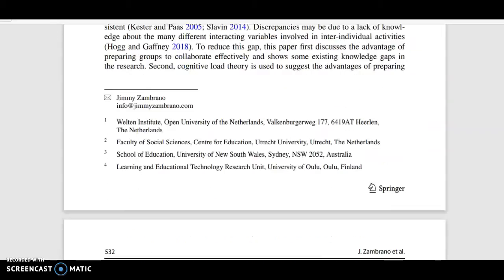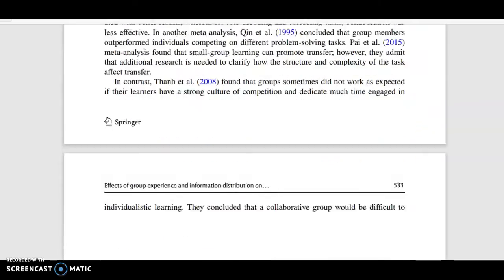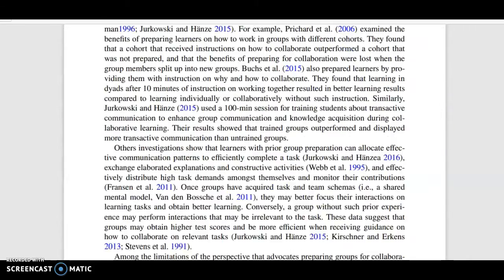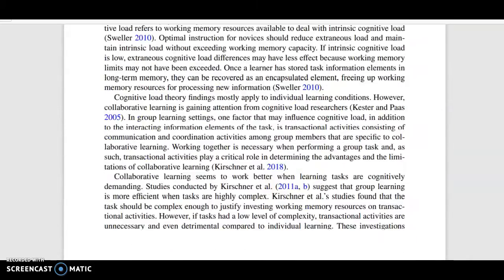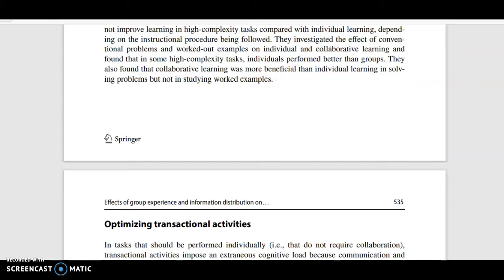Once you've perused the introduction, then you need to go to the methods section. The methods section could be a little lengthy also, especially in a report like this, but the methods section basically is a way for you to understand what they are doing to get their research results. So the methods section should explain in detail how they're going to go about doing this.